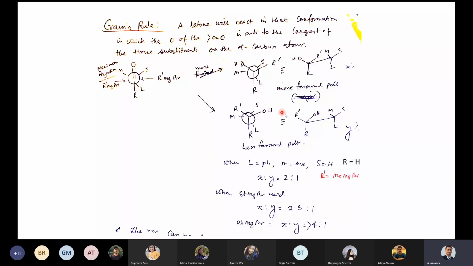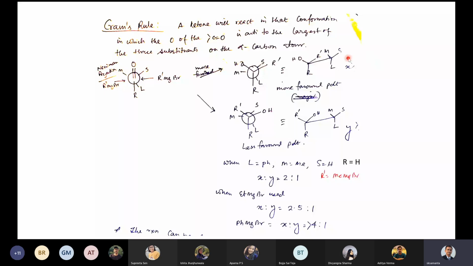Now it is observed that in this case, this is your more favored product or the major product, and this case it is your least favored product or the minor product. Let's say this is your X person, this is your Y person.